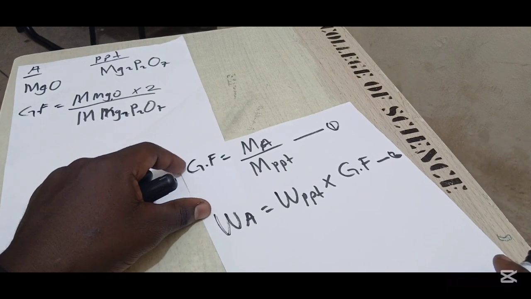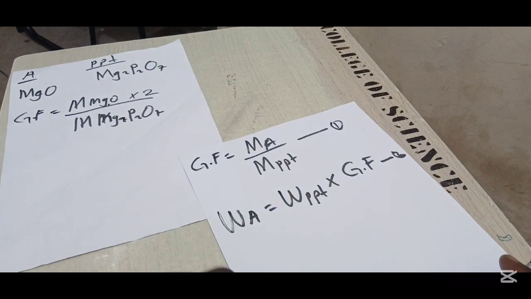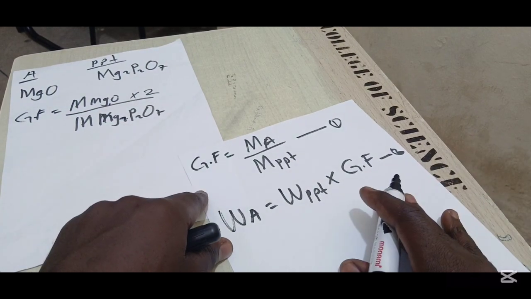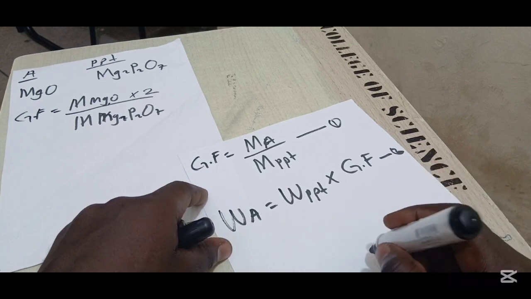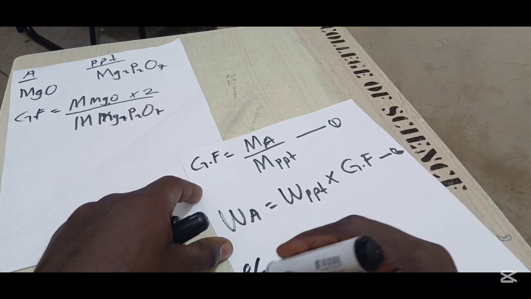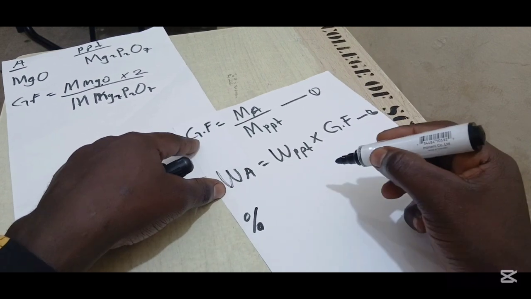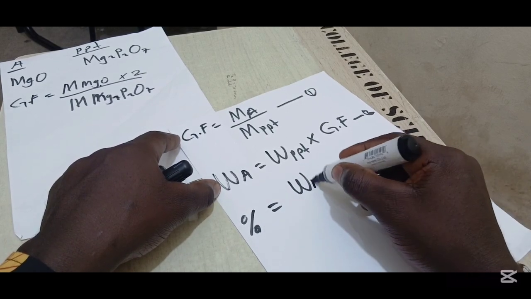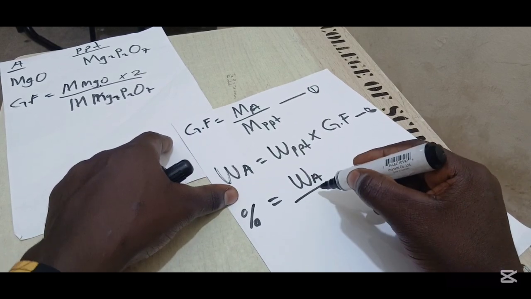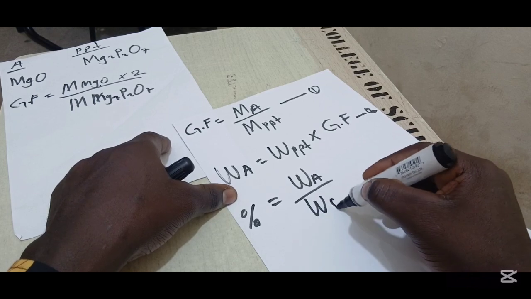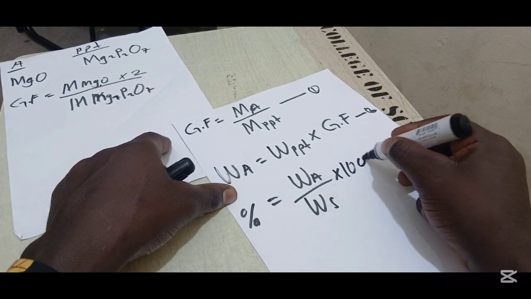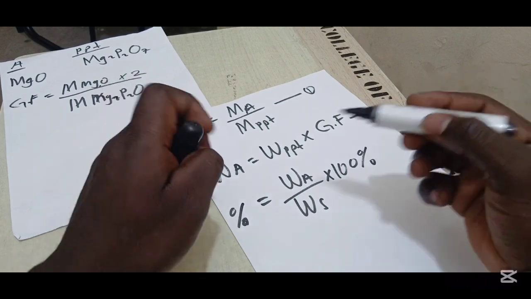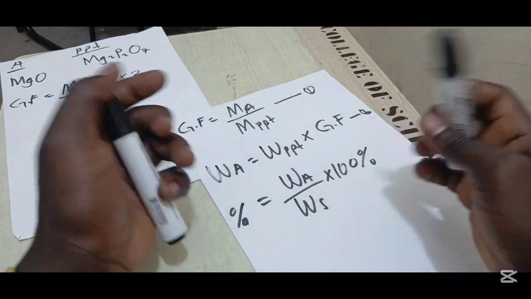And the third formula that we'll be looking at is the percentage analyte calculation. So our percentage analyte is going to be the mass of our analyte, or weight of our analyte, over weight of our sample, multiplied by 100%.